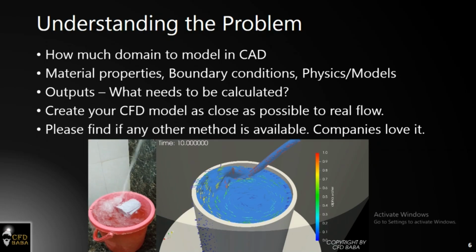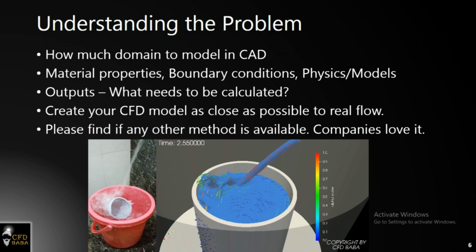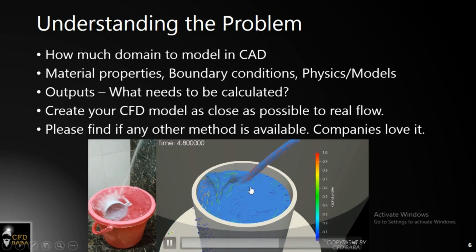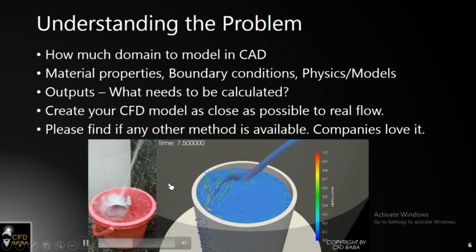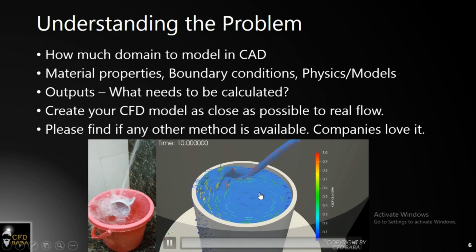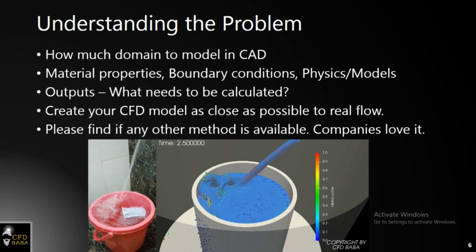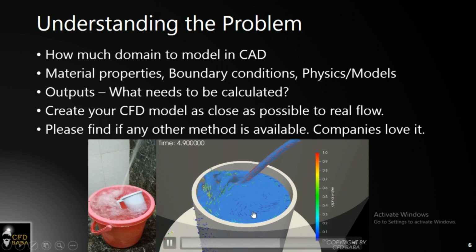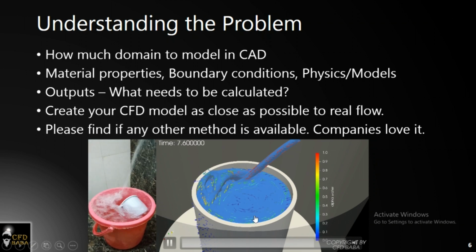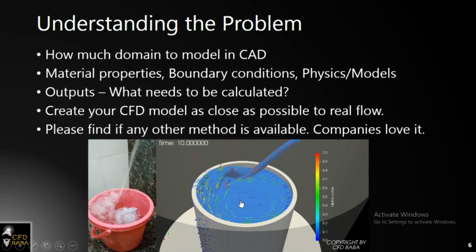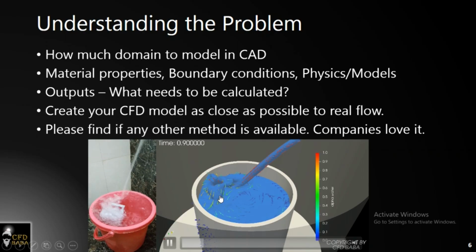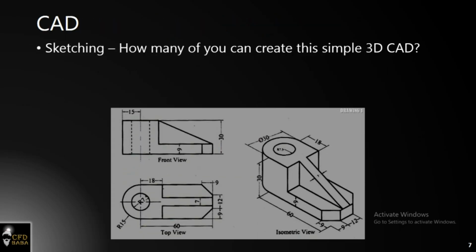I opened OpenFOAM, used the interFoam solver, and was able to replicate the real world phenomenon in the CFD world. As you can see, the vector arrows in the second video, the simulated video, are also going round and round. That means the water in my simulation is also rotating.